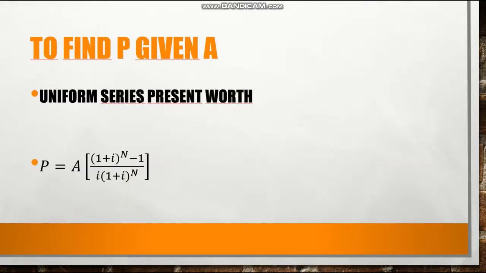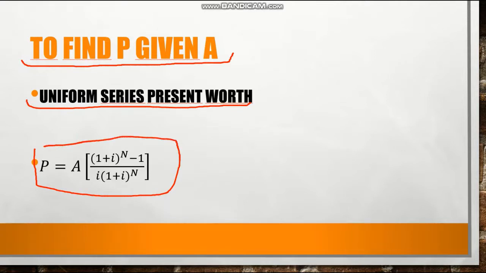The last topic for this week is to find the present value given the annual series. It is called the uniform series present worth formula, which is given again. P is equal to the annual series payment A multiplied by (1 plus I) power of n minus 1, over the interest rate multiplied by (1 plus interest rate) power of n.